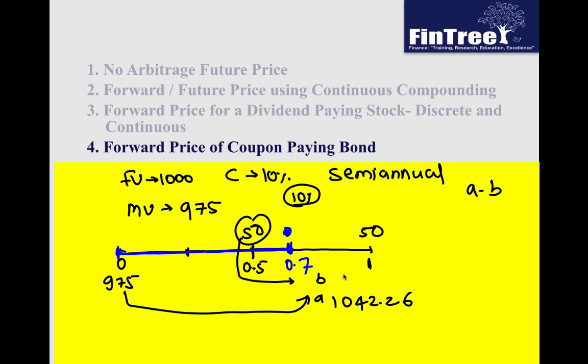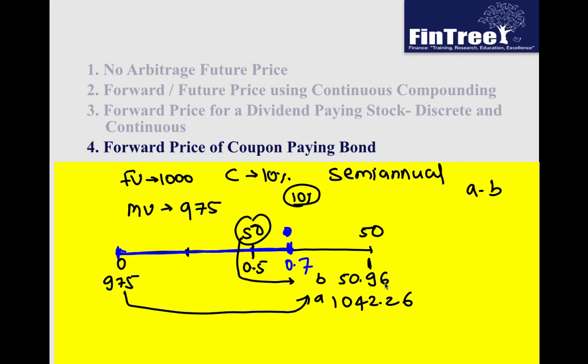In the same fashion, we have to take 50 forwards for 0.2 years. Second clear TVM, 50 is the present value, 0.2 is N, 10 is I/Y, compute future value, and B comes out to be 50.96.